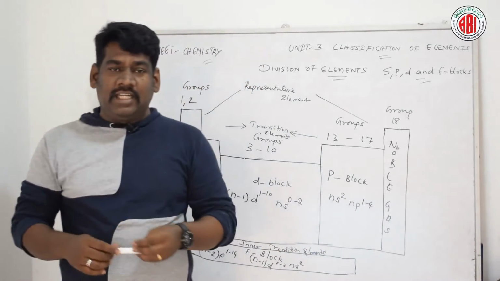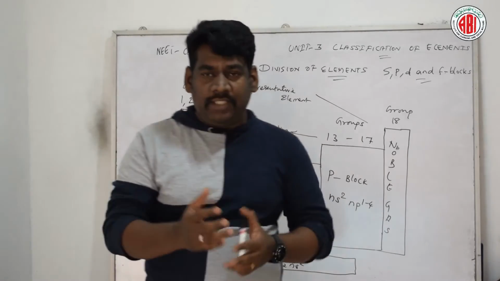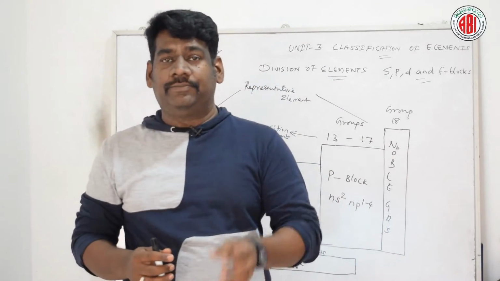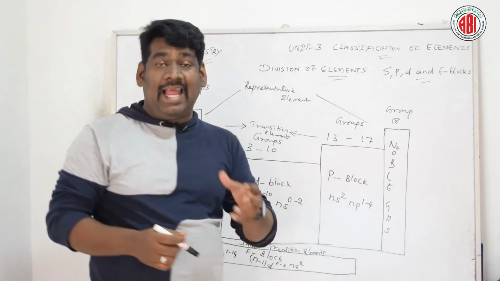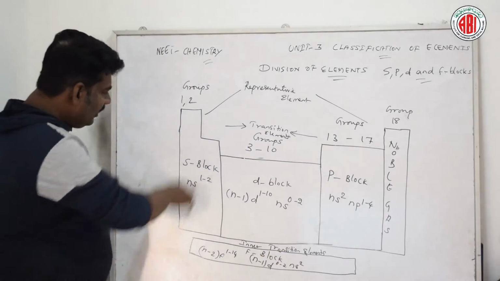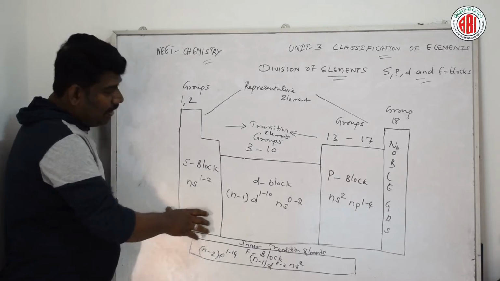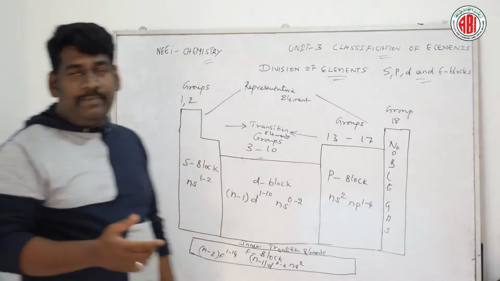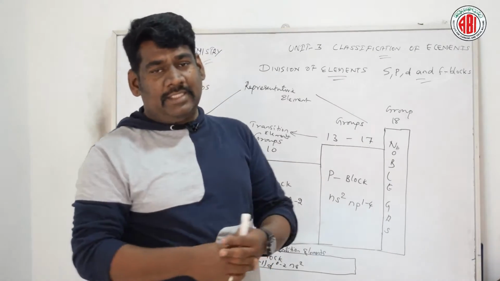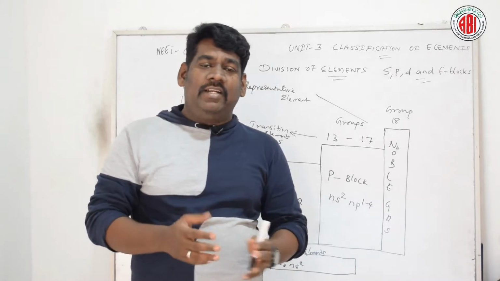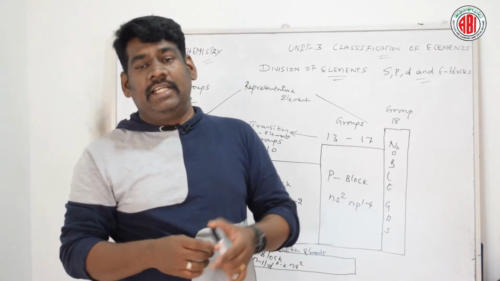The elements corresponding to the ns1 configuration are called alkali metals, and those with ns2 are called alkaline earth metals. These S block elements are called alkali metals or alkaline earth metals because of their electronic configuration of ns1 and ns2.